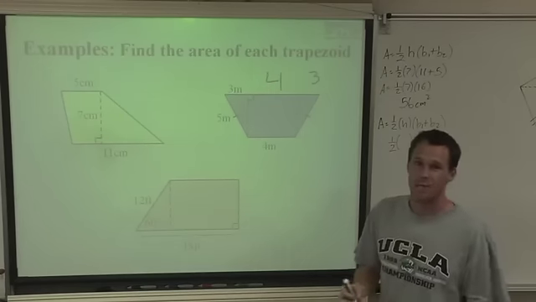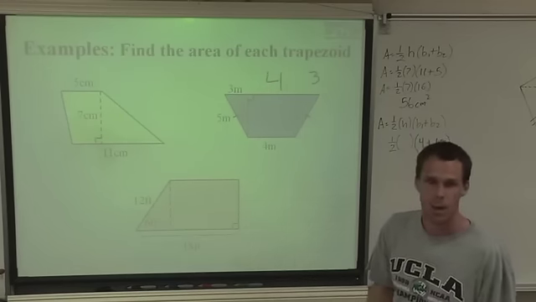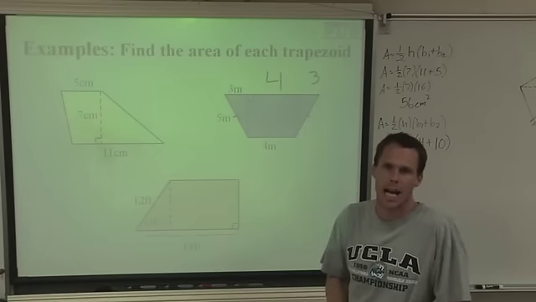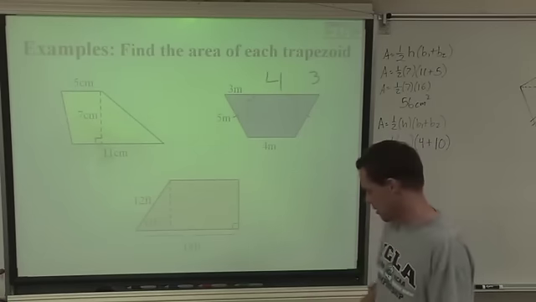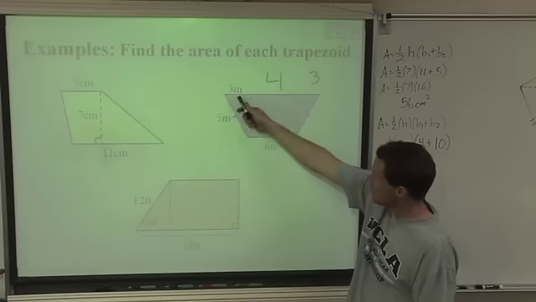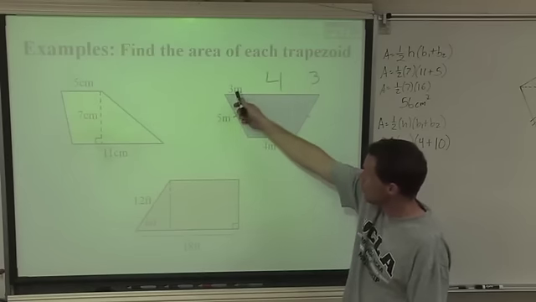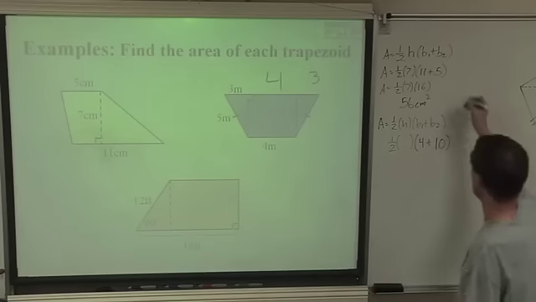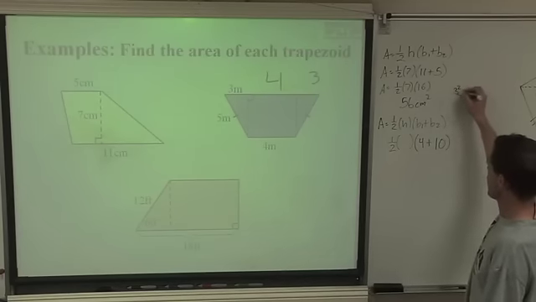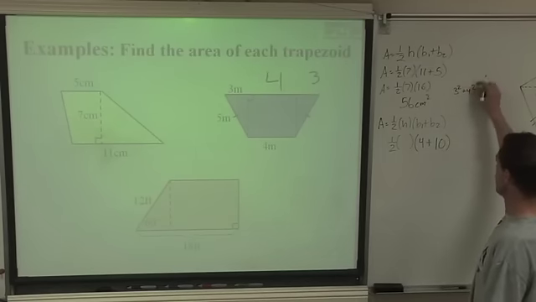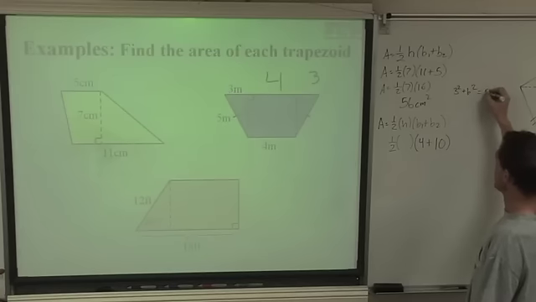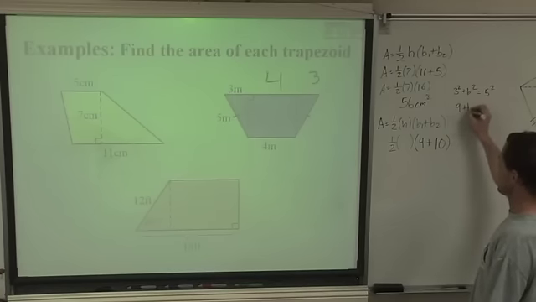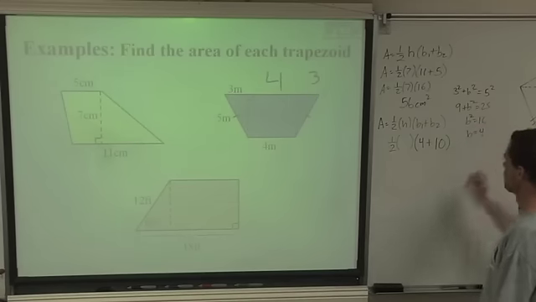I also need to find the height. Well, what do we do when we need to find a missing side? The Pythagorean theorem. So make sure we look here. Here's a right triangle, 3, 5. Looks like it's going to be a 3, 4, 5 right triangle. But if we had to, 3 squared plus b squared equals 5 squared. 9 plus b squared equals 25. b squared equals 16, and b equals 4.